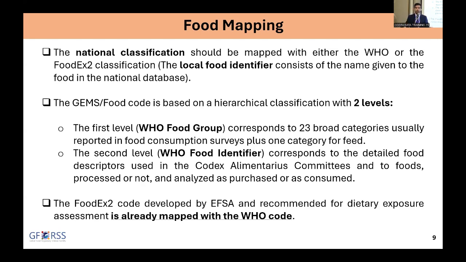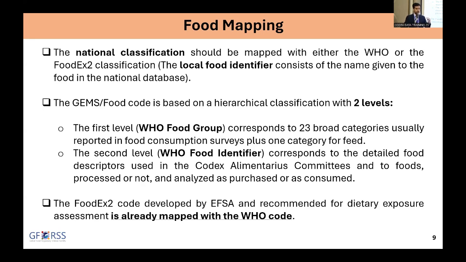I need to give the needed specifications related to the food. So that's the food mapping exercise that we have to standardize. We cannot adopt different systems of food mapping. That's why it's very important for the country to start by setting its food mapping system. And we will discuss this information further. So for the GEMS food system, it's a two-level classification.